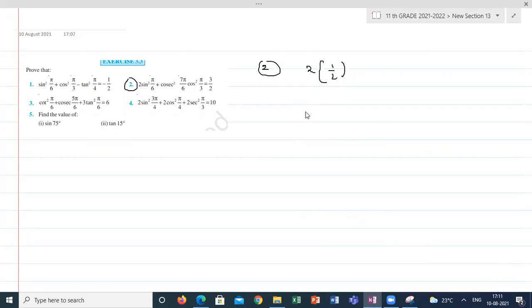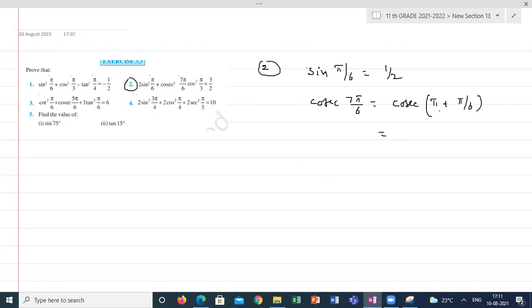So we need the value of sin pi by 6 because it is within the 90 degrees. Straight away I can write 1/2. If I want cosecant 7 pi by 6, how to do this one? I can write this as cosecant of pi plus pi by 6. Which quadrant, guys?